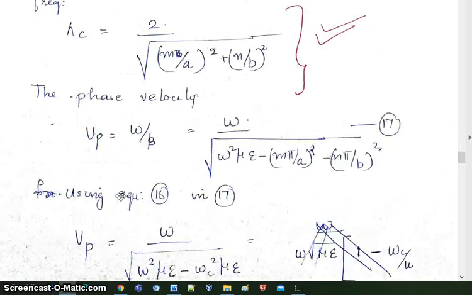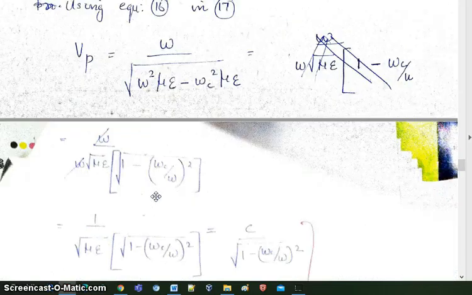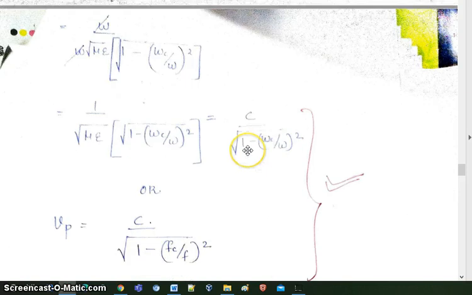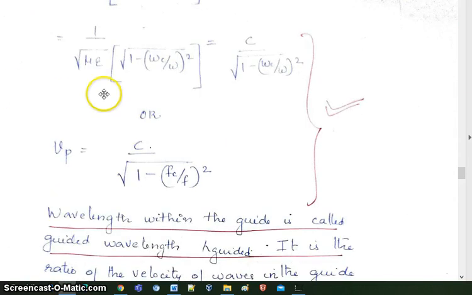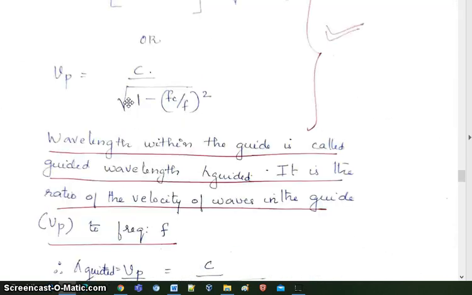So instead of these two terms I can substitute omega c square mu epsilon, and the first term remains the same, that is omega square mu epsilon. Slightly rearranging the expression, finally I will get 1 by square root of mu epsilon into 1 minus (omega c by omega) the whole square, under the square root. So from that you will get the expression for your phase velocity Vp.